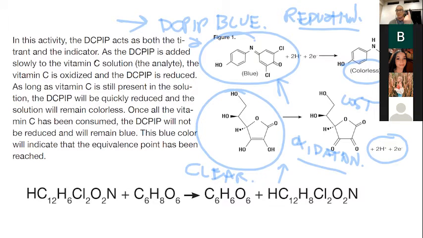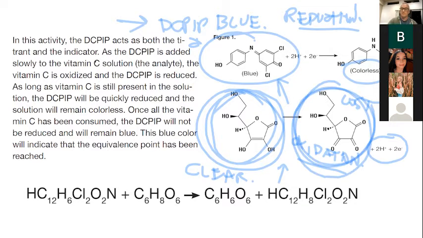Once the oxidation reaction stops, the reduction reaction stops too. So all of the vitamin C will have gone from being in this form over here to being in this form over here. It will have donated all the electrons that it can.